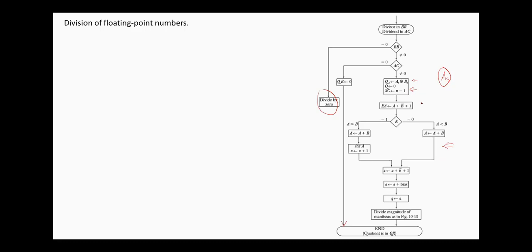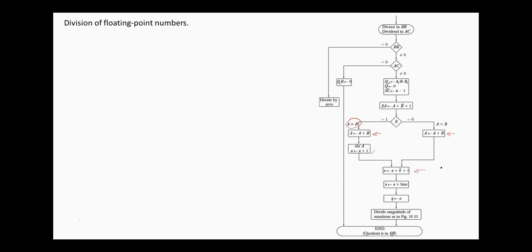The two fractions are subtracted here, A minus B, and the carry E determines their relative magnitudes. In both cases, A should be restored by adding B to it. If A is greater than or equal to B, in this case, we shift A to the right one position and increment the dividend exponent by 1.